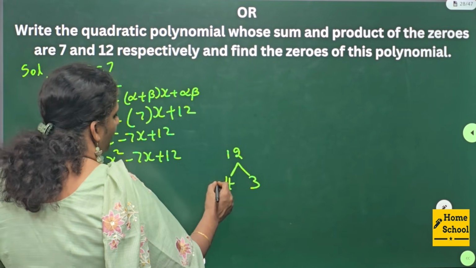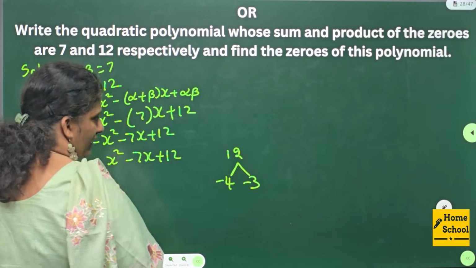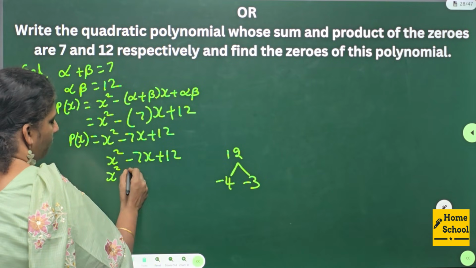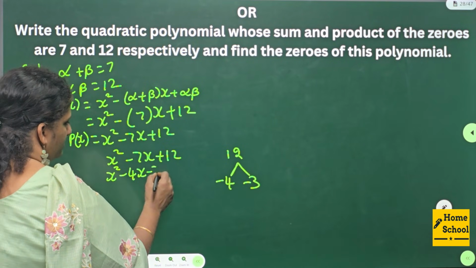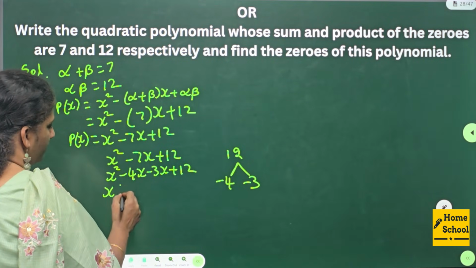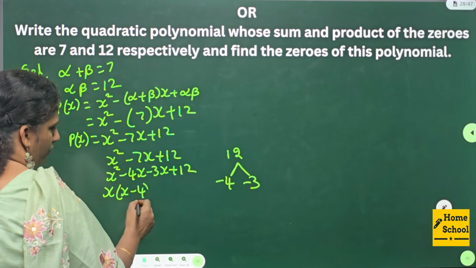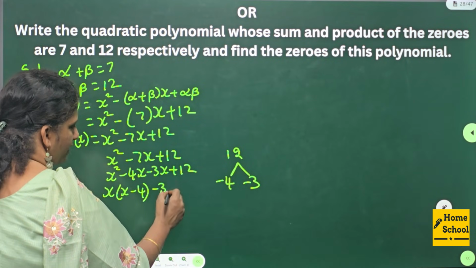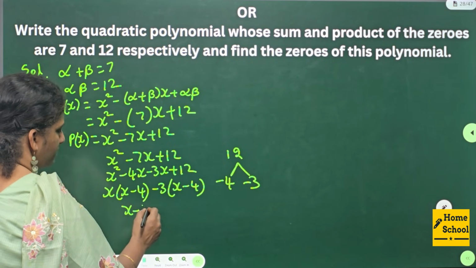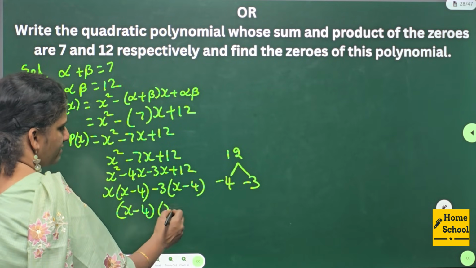No. So if I take here minus 4, minus 3, I will get minus 7. X square minus 4x minus 3x plus 12. Take out x common, x minus 4. And here take out minus 3 common, x minus 4. X minus 4 into x minus 3.